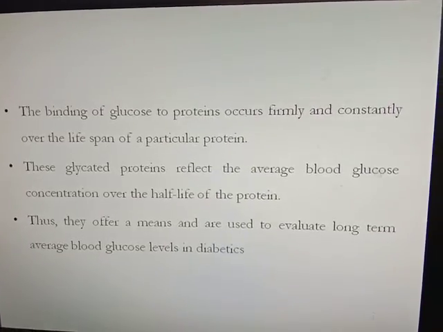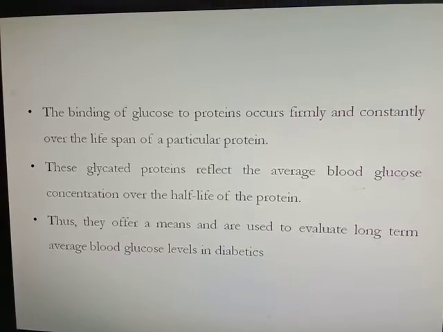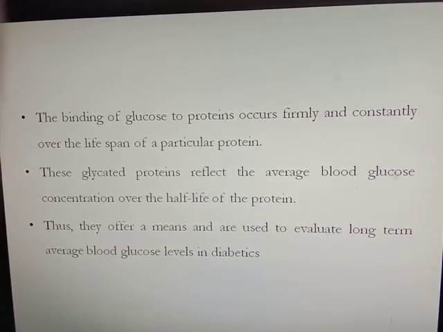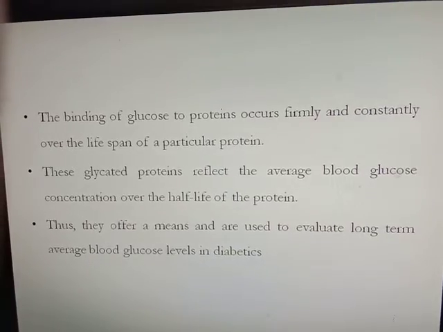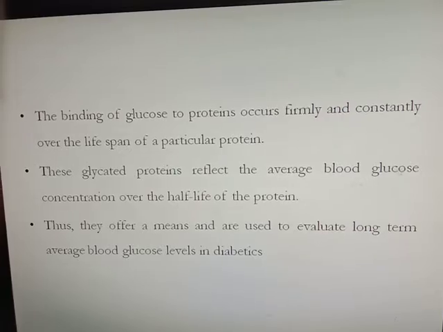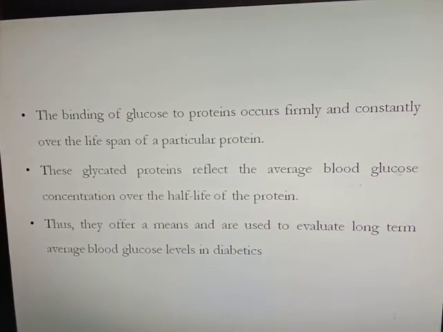The binding of glucose to protein occurs firmly and constantly over the lifespan of a particular protein. When glucose is present in blood, it will bind covalently and irreversibly to protein for the half-life of that protein.